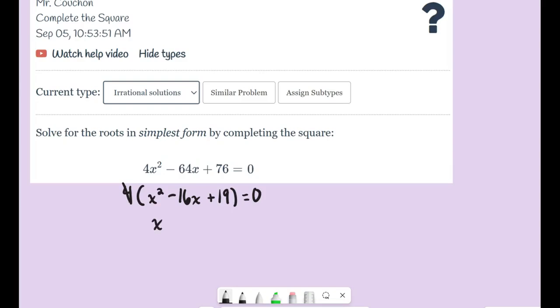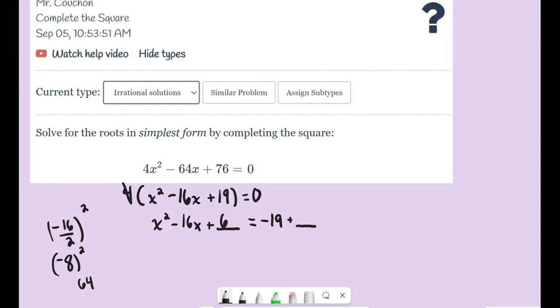So now, x squared minus 16x. I'm going to put the mystery value here, the constant that we're going to figure out in just a moment. On this side, we're going to have a negative 19 plus that same constant. Negative 16 divided by 2 is going to be negative 8, and a negative 8 squared is a positive 64.